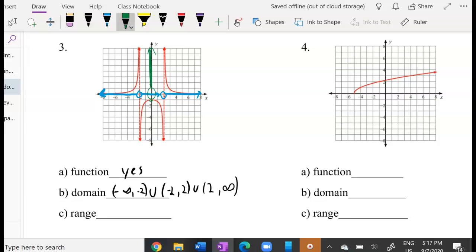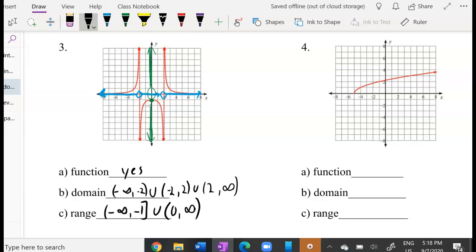And then there's a closed point here, it looks like at -1, and it goes down forever. So that's a visual of what the range looks like. When I write that in interval notation, I'm going to write -infinity to -1, including -1, unioned with, and it looks like it starts up again at 0, so unioned with 0 to infinity.